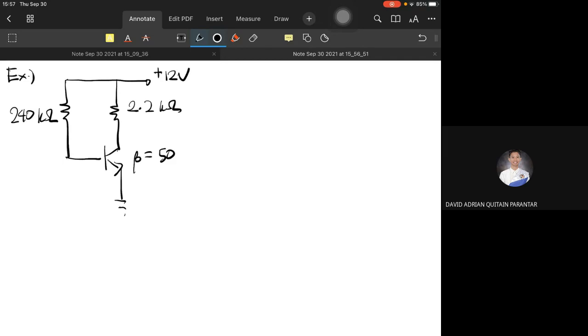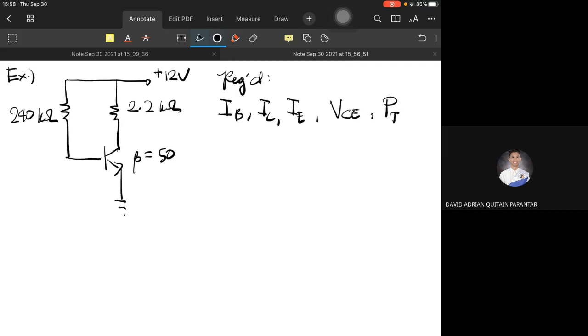Given the fixed bias circuit, let's solve for the currents IB, IC, IE, voltage VCE, and the power dissipated by the transistor.